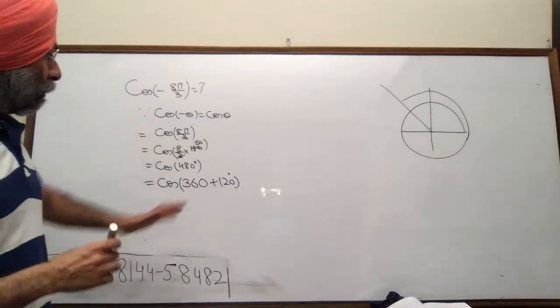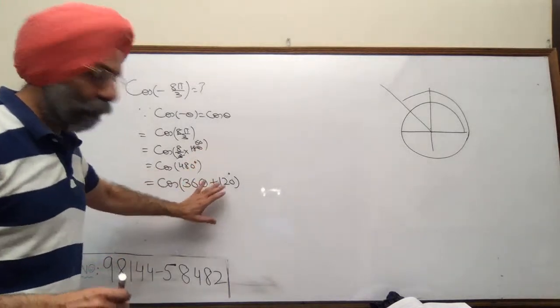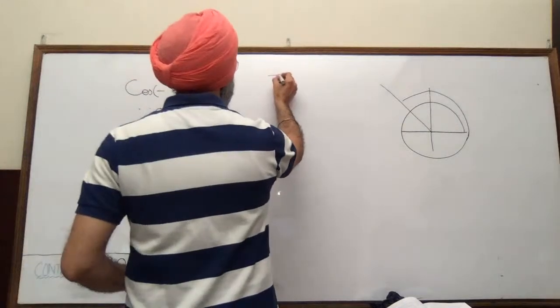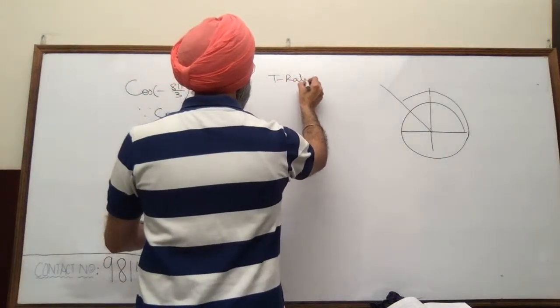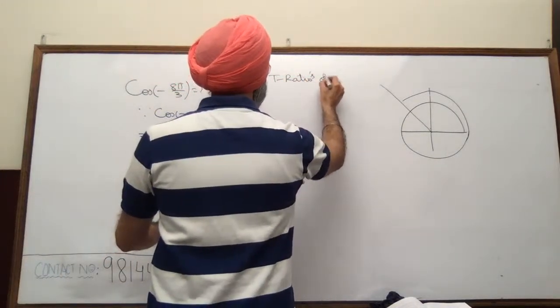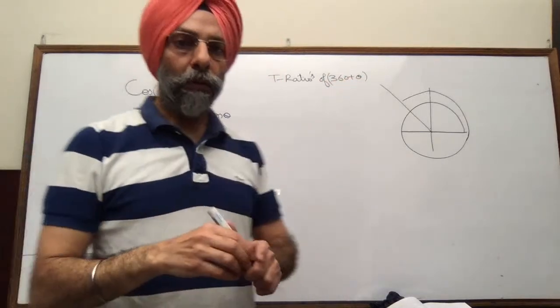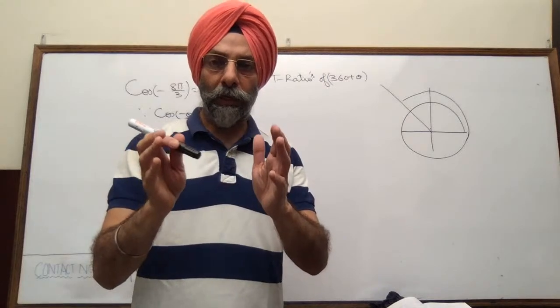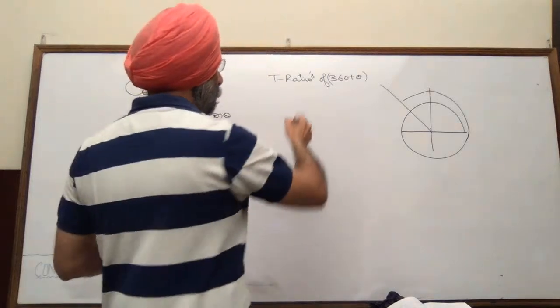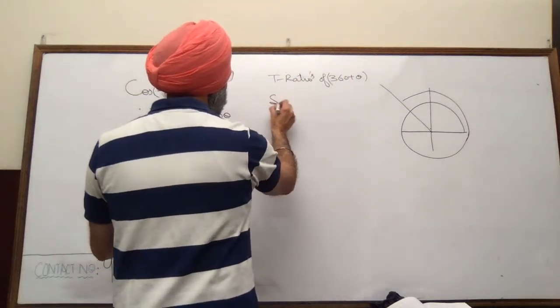Okay. So before continuing with this, let me write down T ratios of 360 plus theta. 360 plus theta means that it has completed one complete rotation.